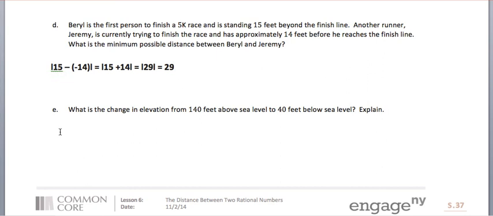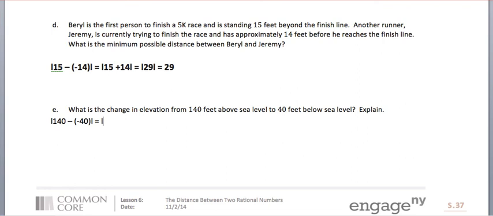Finally, part E. Ask what the change in elevation from 140 feet above sea level to 40 feet below sea level is. So we'll start with 140. And subtract 40 feet below sea level, which is negative 40.